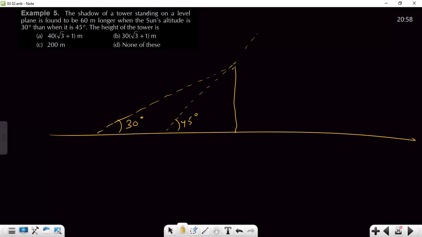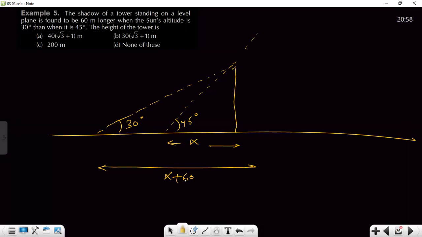It is said that this shadow is 60 meters longer as compared to this. Let's consider this as x and this as x plus 60, because it's 60 meters longer.